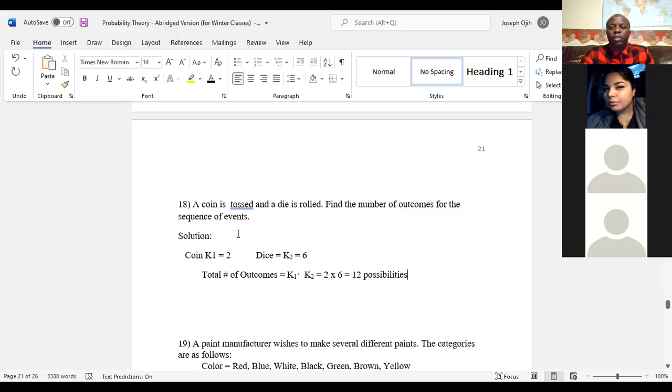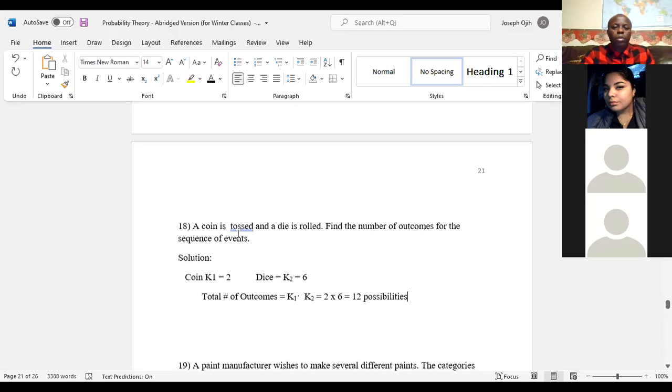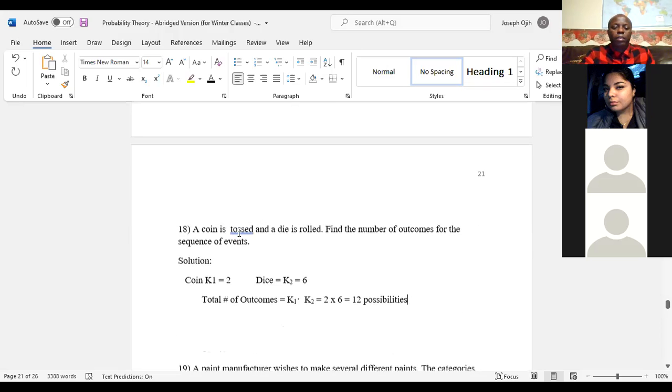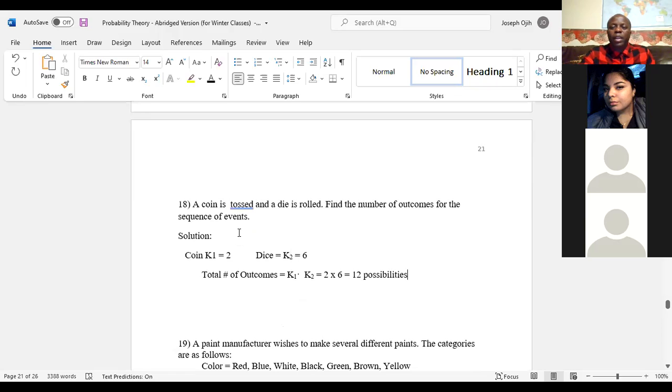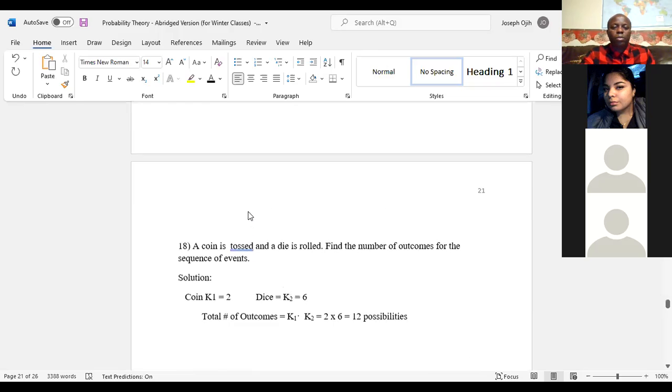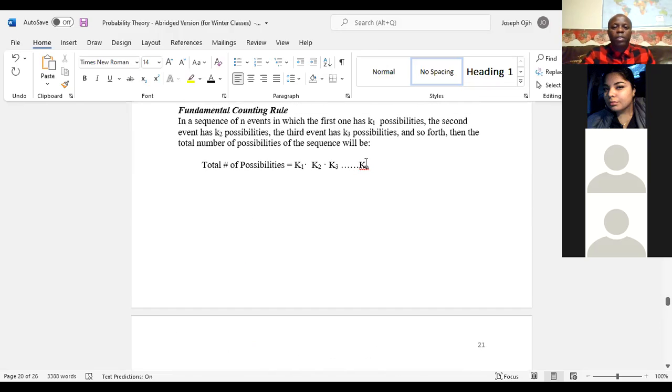We're just starting actually. We introduced the fundamental counting rule. A coin is tossed, a die is rolled. Find the number of outcomes for the sequence of events. The formula is k1 times k2, multiplied by the number of events that you have.